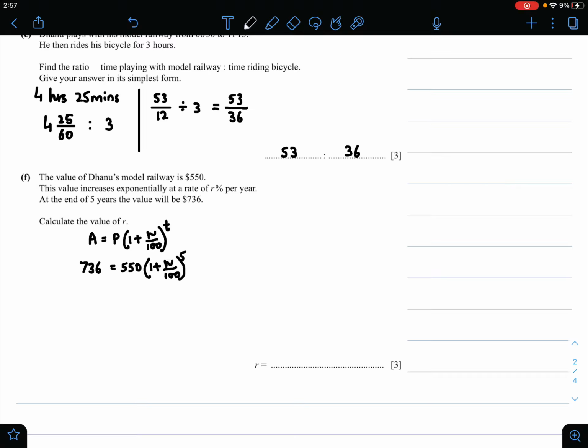Now first let's take 550 to the other side of the equation, so it will be 1 plus r by 100 whole thing raised to 5 is equal to 736 divided by 550, which is equal to 1.33818181.